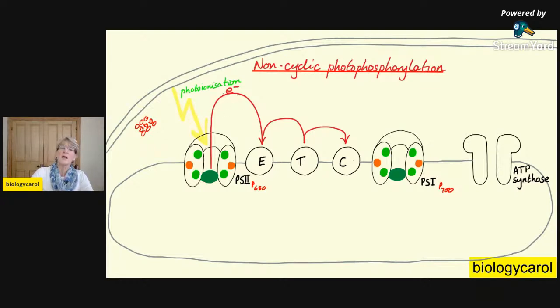And here I am drawing this ever-decreasing bouncing down the electron transport chain to indicate that the electron is lowering its energy level at each stage.